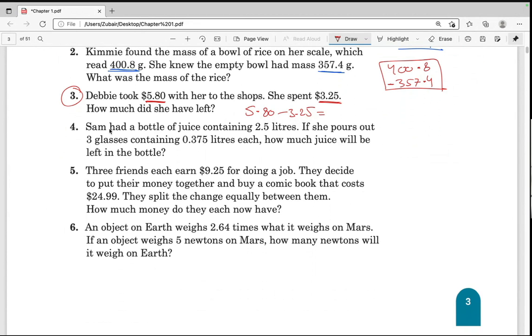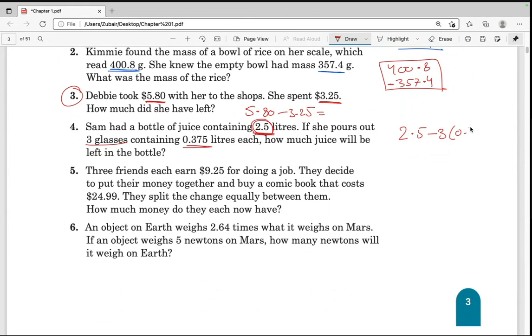question is. Question 4 says Sam had a bottle of juice containing 2.5 liters. If she pours out three glasses containing 0.75 liter each, how much juice will be left in the bottle? So Sam had a bottle of juice which is 2.5 liter in total, and she is taking out three glasses, 0.75 each.